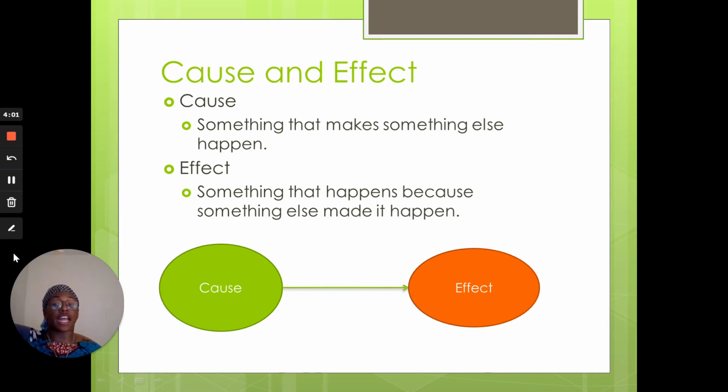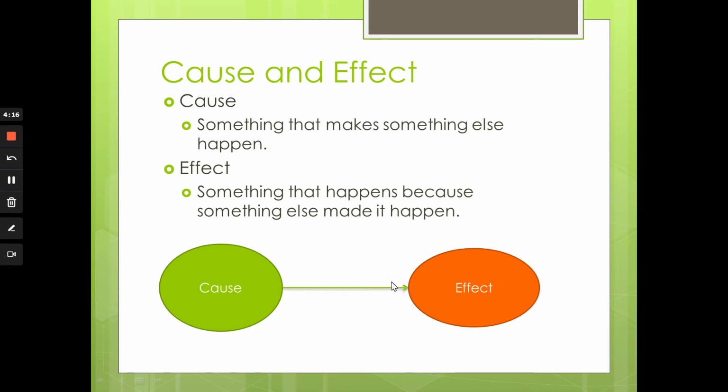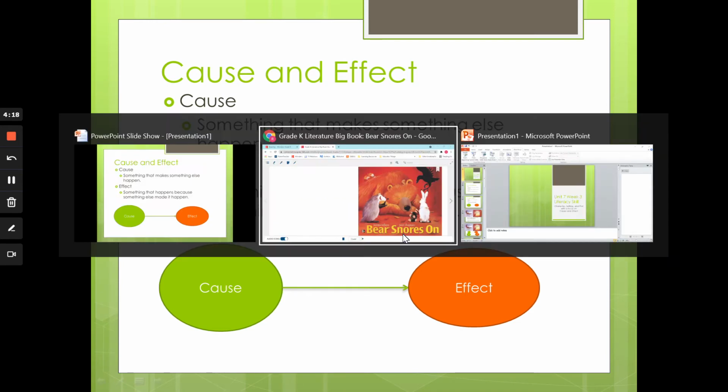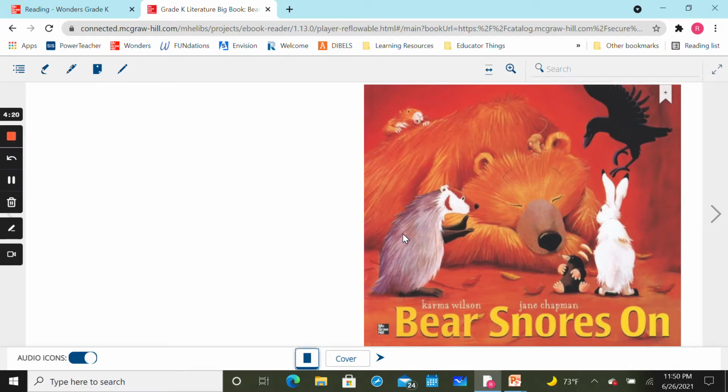So the cause is that I dropped my pencil and it made my pencil hit the desk. And we are going to be looking at multiple examples of cause and effect throughout our big literature story, which is called Bear Snores On.